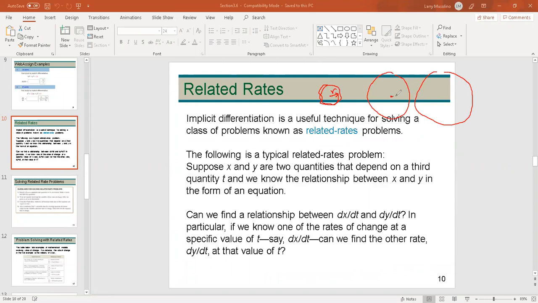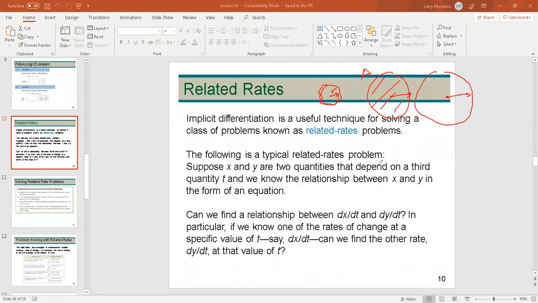Of course, over time, the radius is getting bigger as this circle expands. But at the same time, the area is getting bigger as well. So the rate of change of the area of the circle is related to the rate of change of the radius, and we can actually come up with a formula.